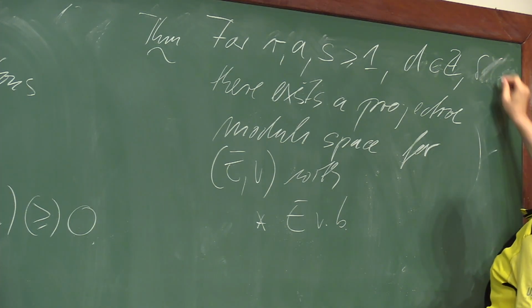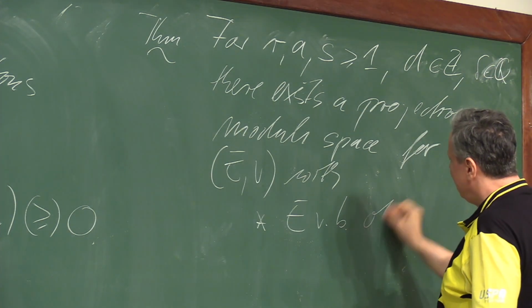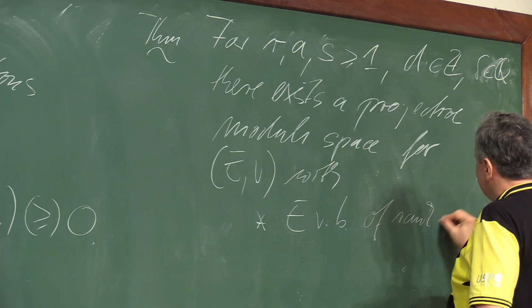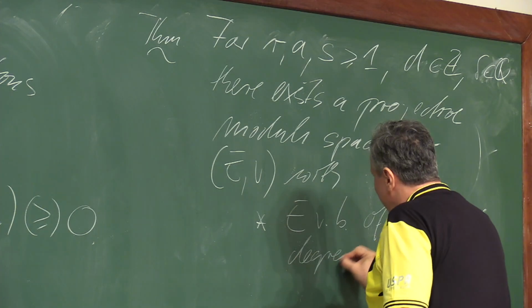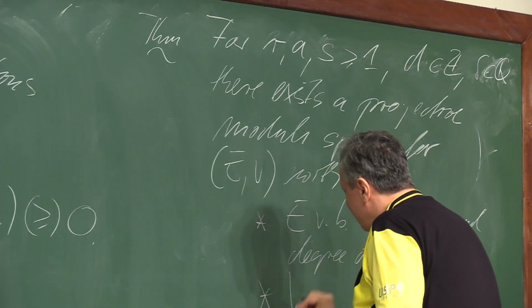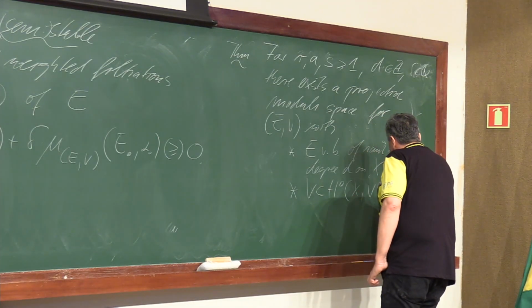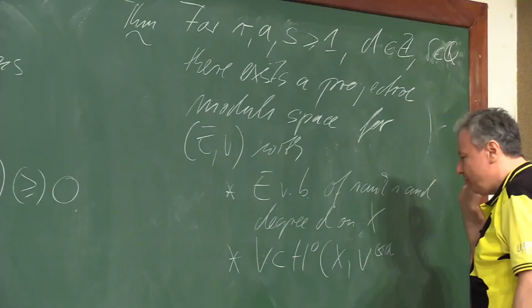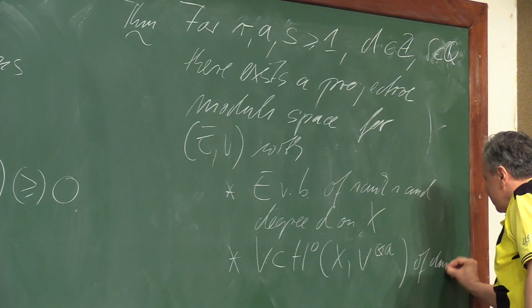E is a vector bundle of rank R and degree d on X. V is now, so I take just the tensor representation, the A-fold tensor representation, and no twisting line bundle.